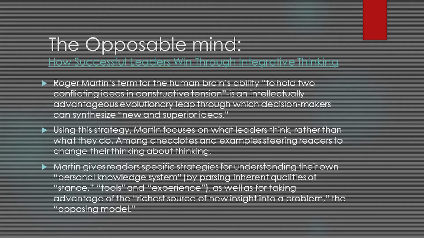Okay, then Roger Martin said, in the same way that you can get the opposable thumb that's opposed to the other fingers on your hand, he found with business people that they've got the incredible ability to hold two opposing concepts in their mind, and then by blending the two, they come up with a solution that's actually a better solution. So what he's actually talking about is bisociation, although he never called it that.